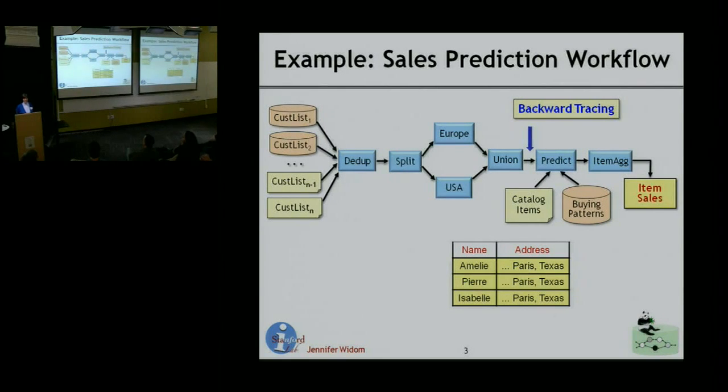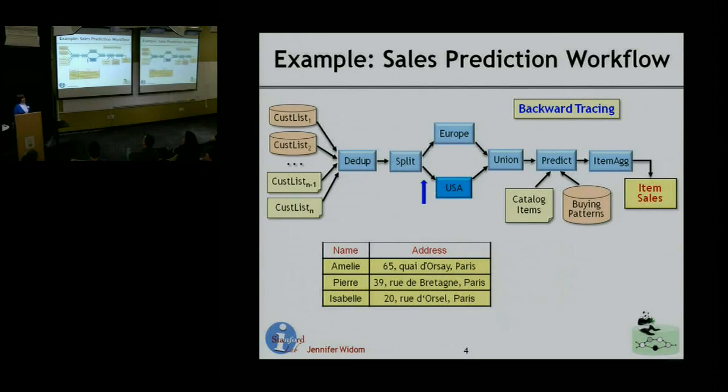If I keep tracing backwards, I'll send it back, and I'll discover that the data I'm looking at went through the USA canonicalizer. And this is what the data actually looked like before it went through there. So I'm starting to get suspicious that maybe I sent the data the wrong way through my workflow, and I found that by tracing back with provenance.